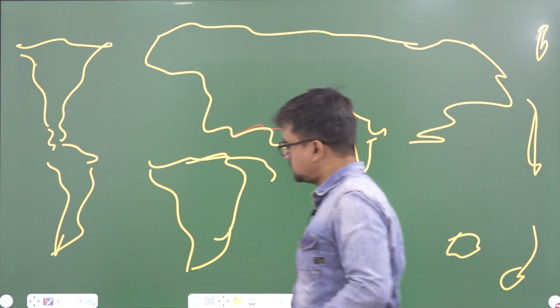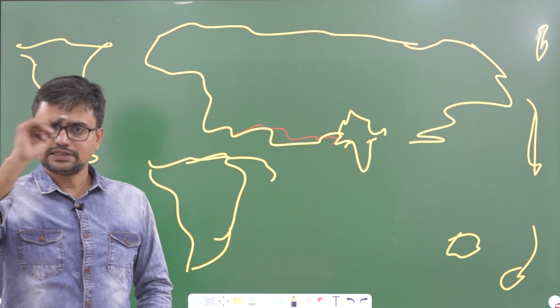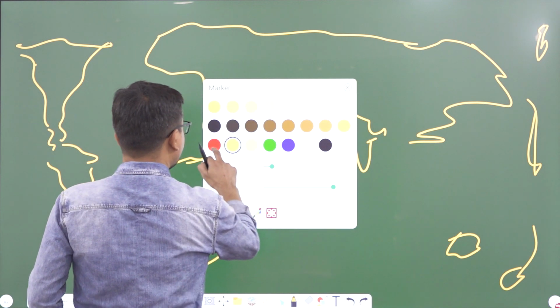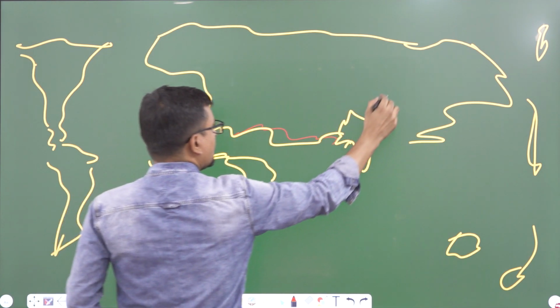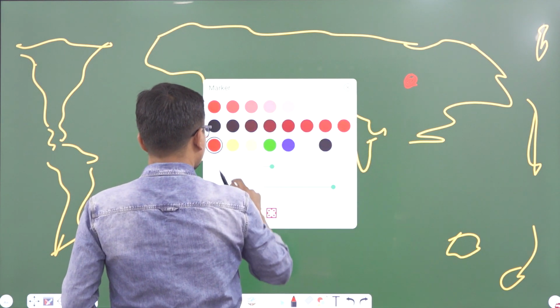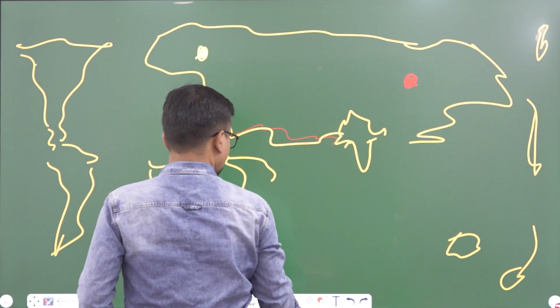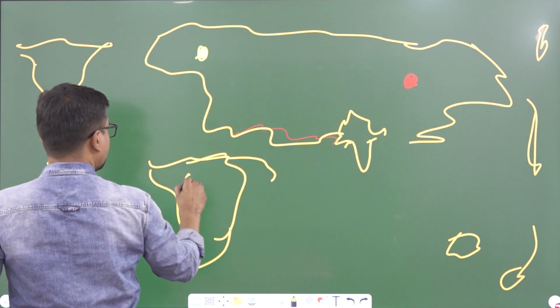Roughly, this is a world map. Cultures, have they developed independently? Here one culture. Here one culture. Here one culture.